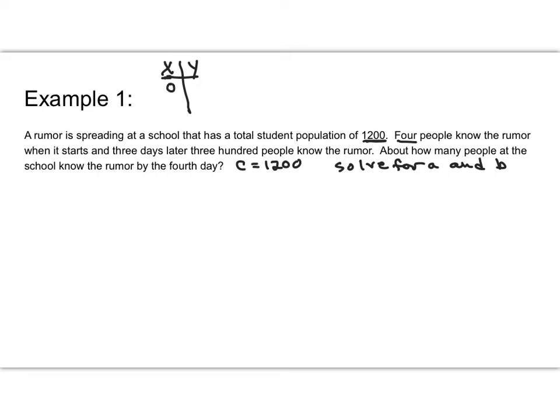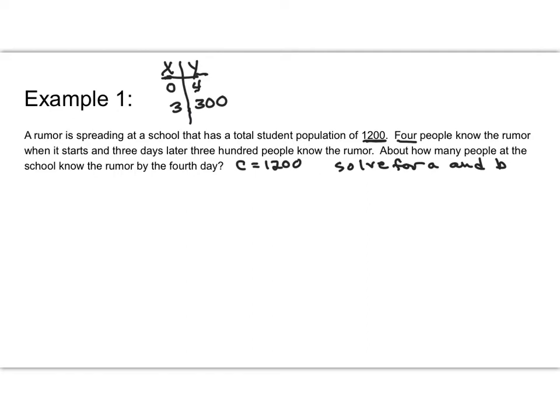No, it's always 0, because we're starting something, and the y value is 4. That's the number of people who know. And we also know that 3 days later, 300 people know. Wow, that's a lot. Okay, so we can go ahead and use this information here up top to help us find the model for this.